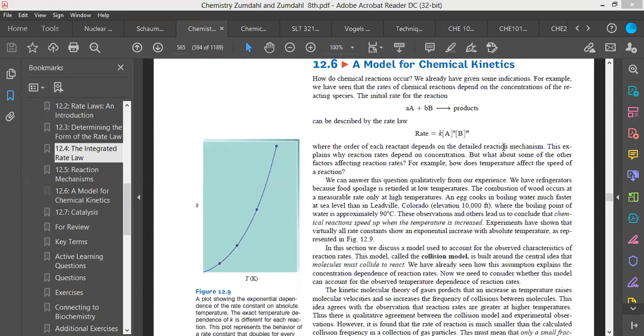Okay, so I was saying for a reaction to happen under the collision model, one, the reactants should collide. And two, the collision should be in a certain order.